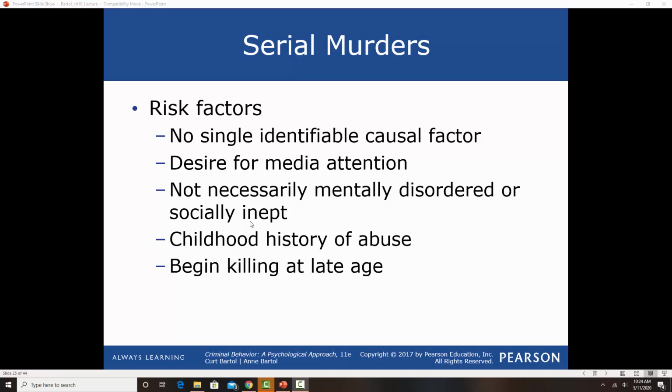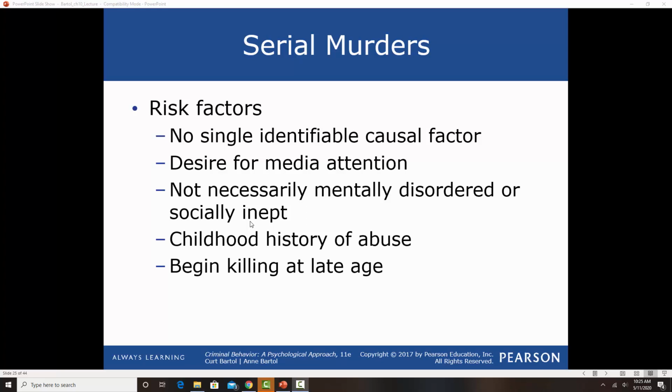Most have a desire for some type of media attention. Not all, but a lot of them do. If you look historically at offenders like the Zodiac killer, the BTK killer, they would send letters to newspapers and sometimes to the police as well. In addition to abuse, they often have deprivation, family violence.